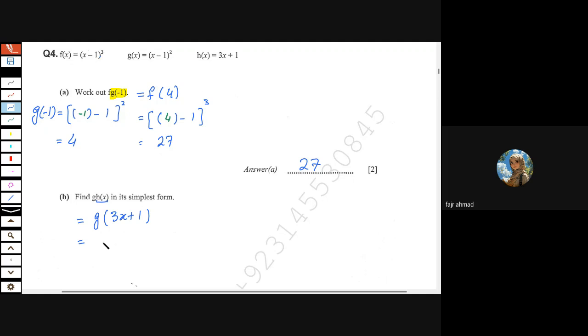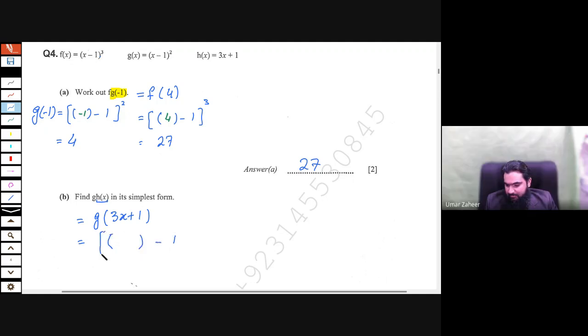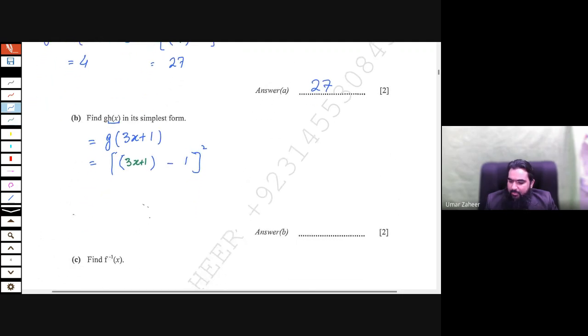And then in the place of x for g, write it. This is the structure of g of x, x minus 1 whole square. And at the place of x, we will substitute 3x plus 1. Plus 1 minus 1 is cancelled out. You will get 3x squared, and 3 squared will be 9x.